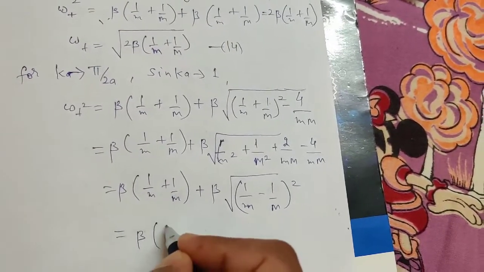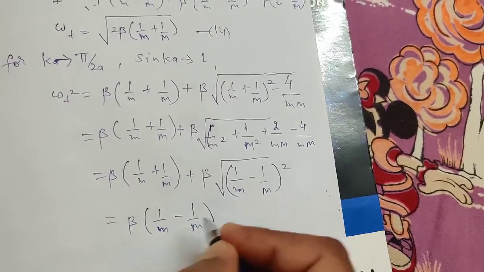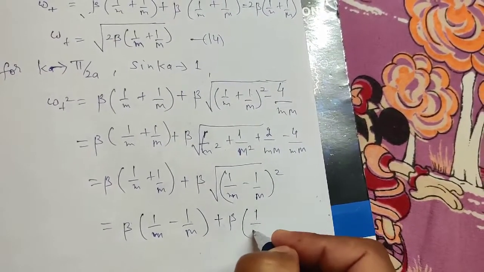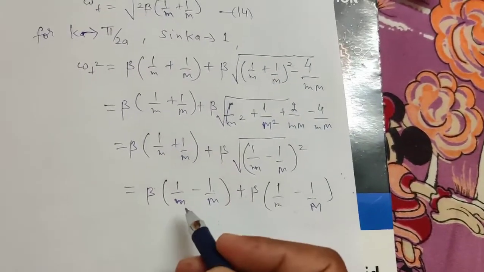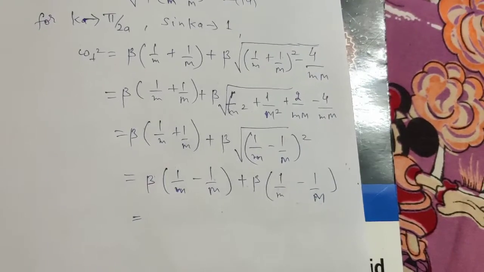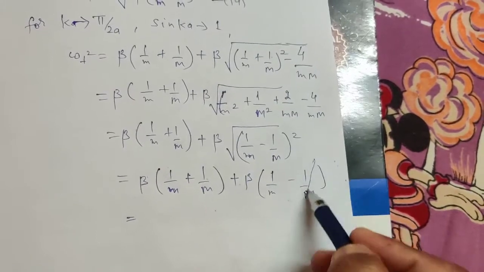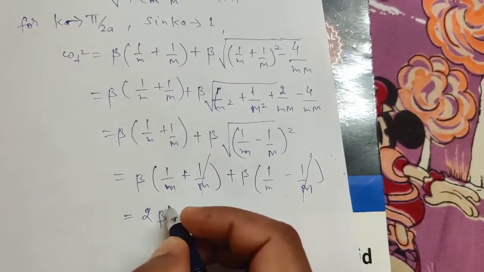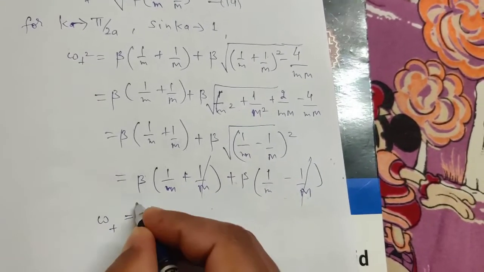So this will become 1 upon 1 minus plus beta, this under root cancels by the square, so what will come, so this is plus, so what will be cancelled, so the remaining term will be 2 beta upon m, and if you put the under root from here, this will be 2 beta upon m.